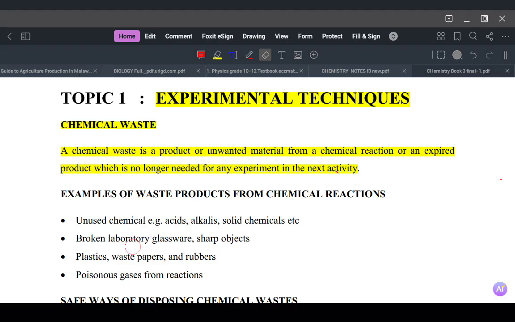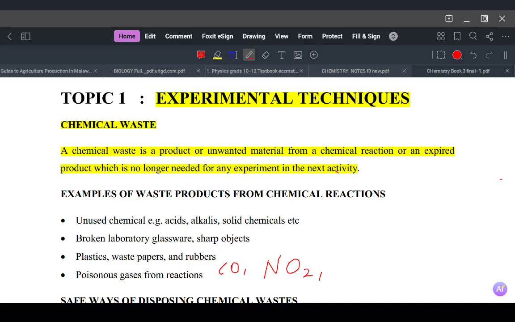Plastics and waste papers used to wipe the benches as you work are considered to be waste. Poisonous gases: some chemical reactions will produce gases that are poisonous. For example, carbon monoxide is considered to be poisonous. Gases such as nitrogen dioxide are all poisonous gases.